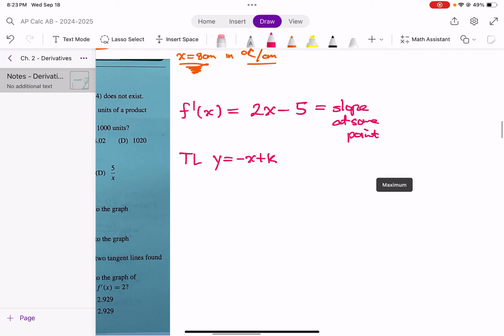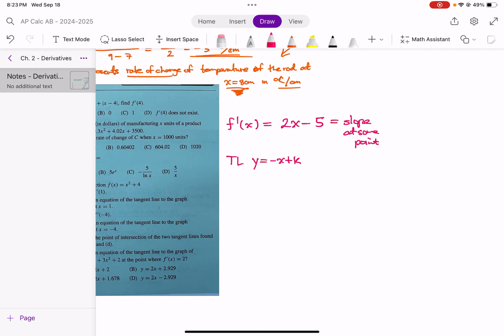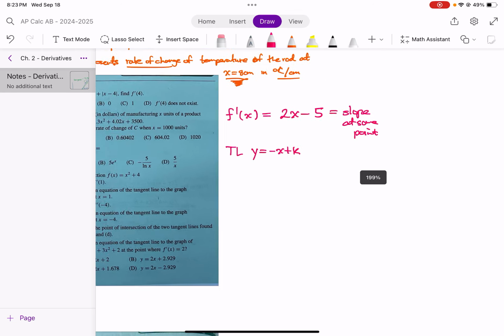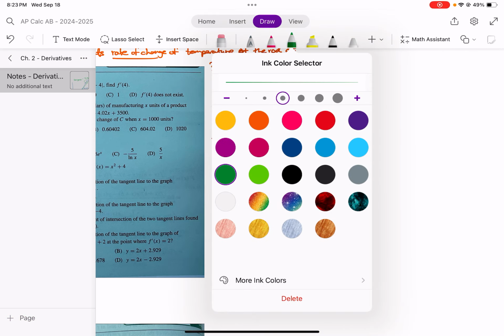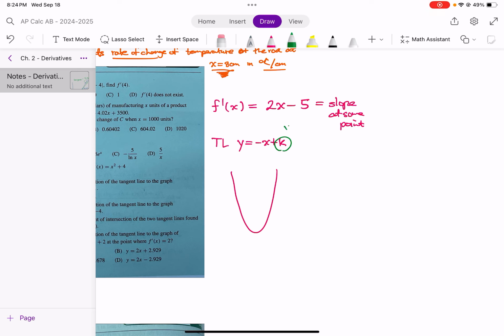Okay, so now we can kind of see what this is doing here. If you look at the original function, it's a parabola, right? I don't know exactly what it looks like, but it's a parabola. This k value is essentially the y-intercept for the line.